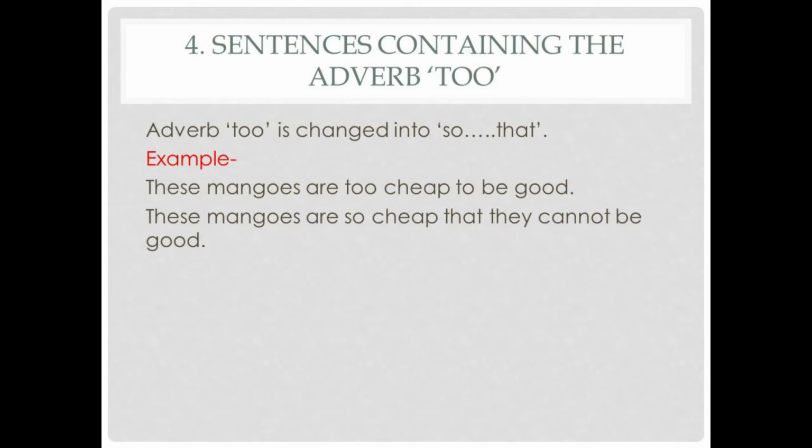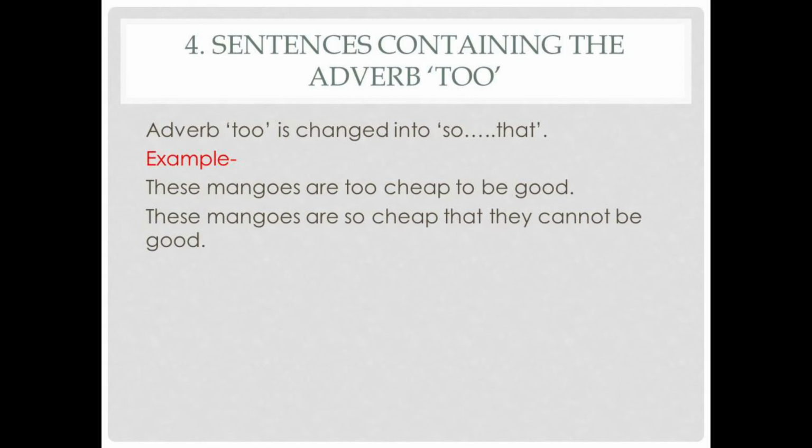These mangoes are too cheap to be good. Here, the adverb to has been replaced by so that. These mangoes are so cheap that they cannot be good. In the sentence, the adverb to is replaced with the conjunctive expression so that.